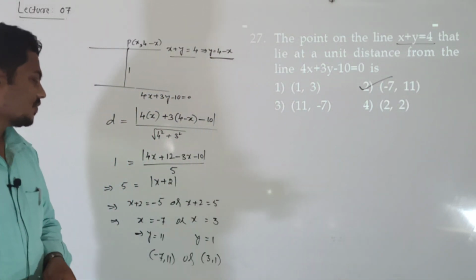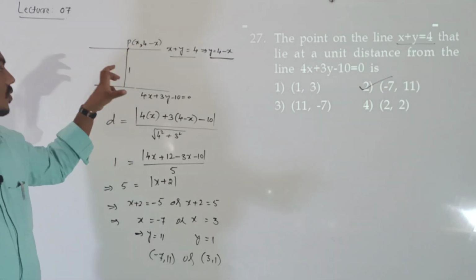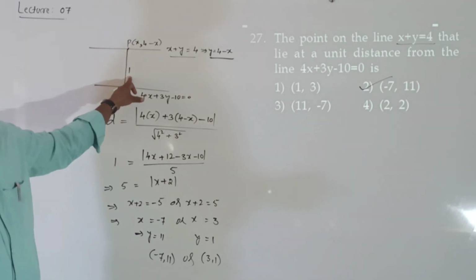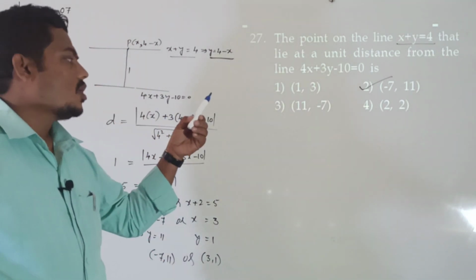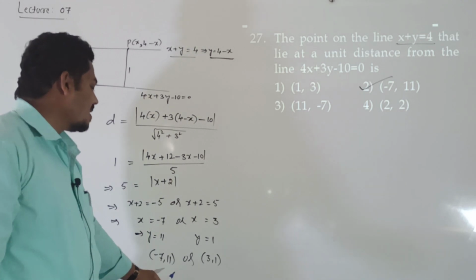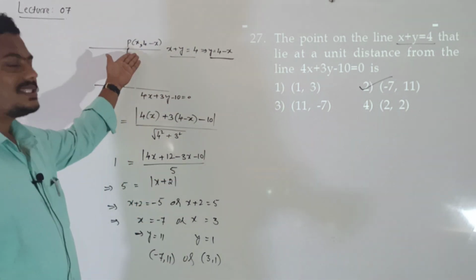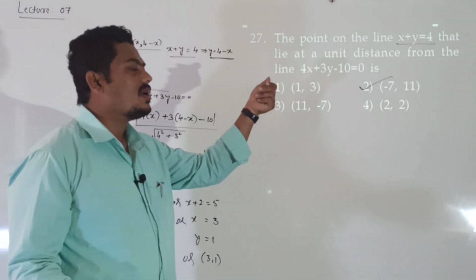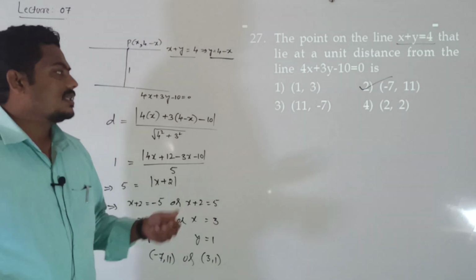That is the second option. The distance between point and line is 1 unit. Then the points on that line are minus 7 comma 11 and 3 comma 1. These 2 points lie on this line, but in the given options only 1 point is given, right? That is minus 7 comma 11. That is the second option.